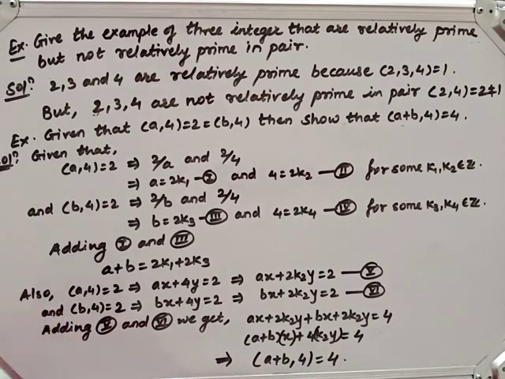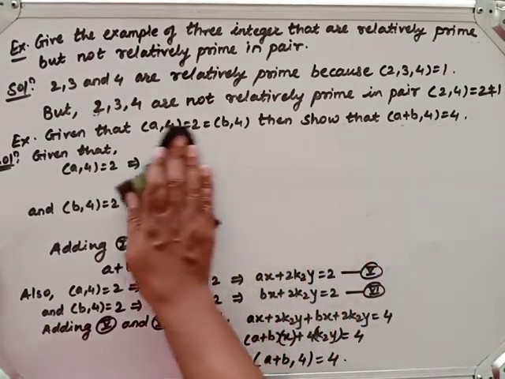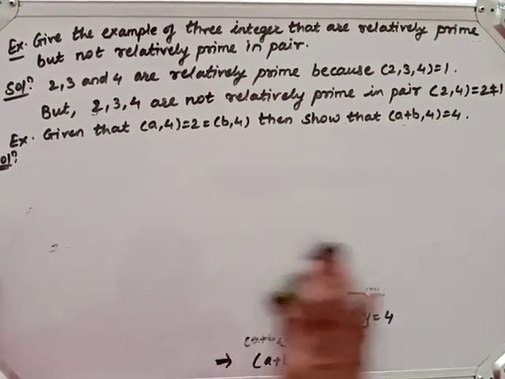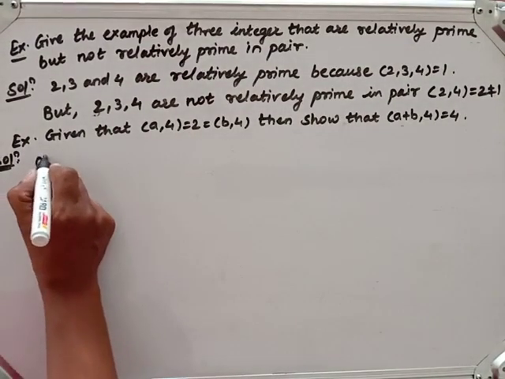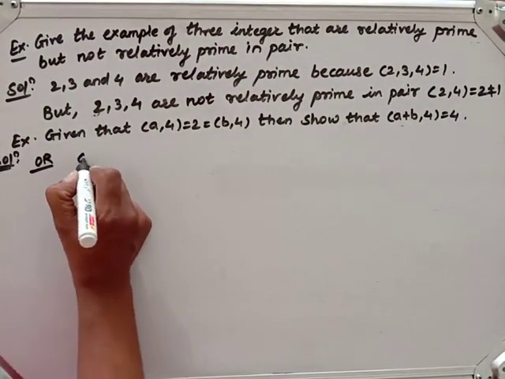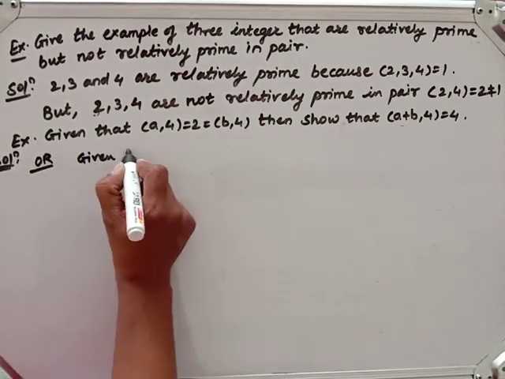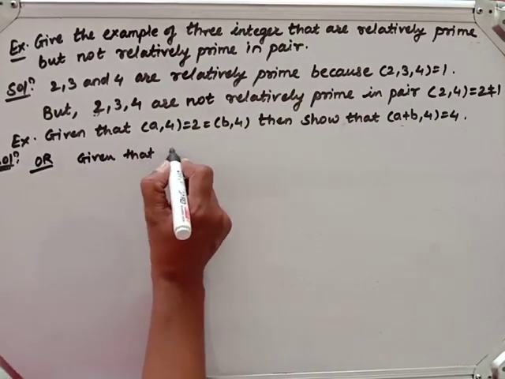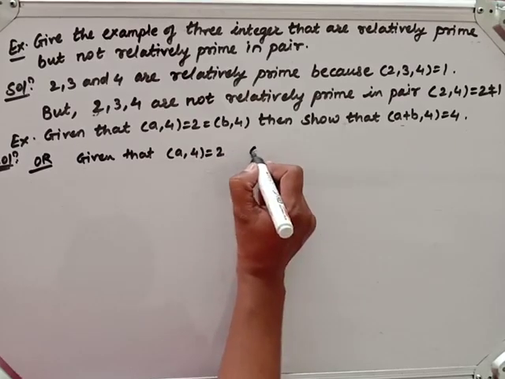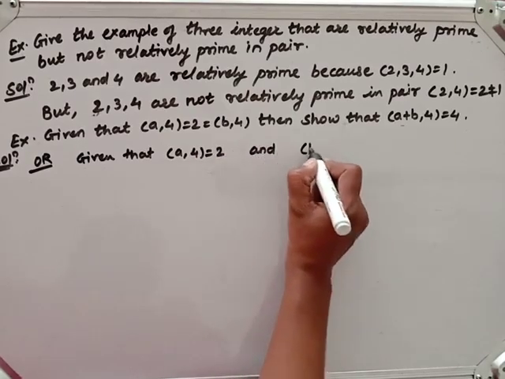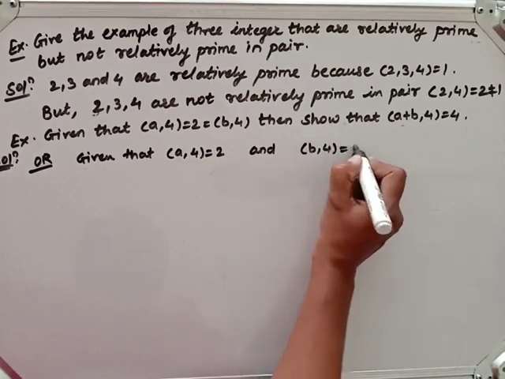Now let me take another way to solve the same question. Given that the GCD of a and 4 is 2 and GCD of b and 4 is also 2.